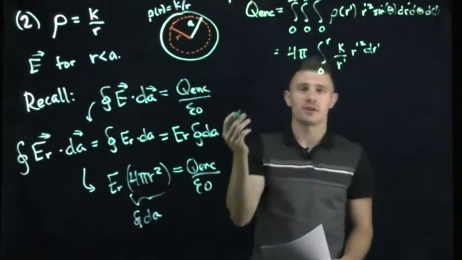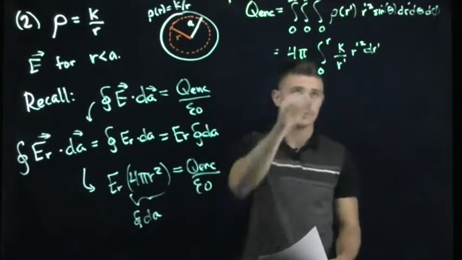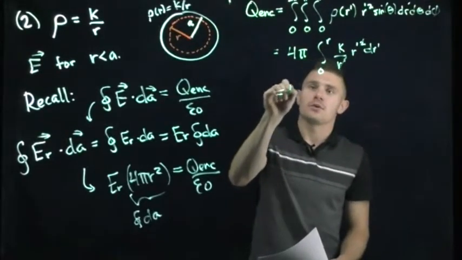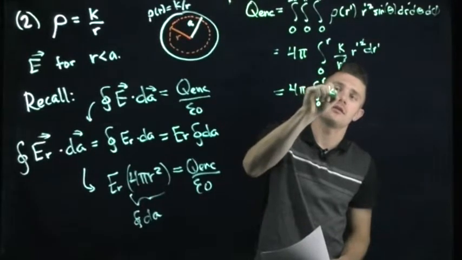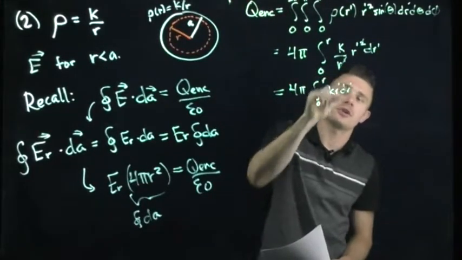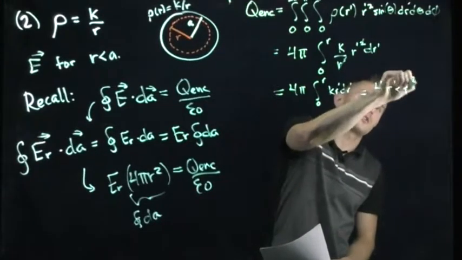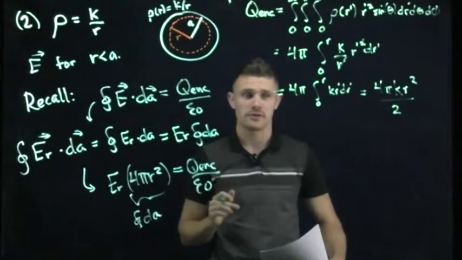We can say that's any variable. The r prime is simply a notation to distinguish this r from that r. So we see that one of those r's cancels, and we're left with 4 pi, the integral from 0 to r of k r prime dr prime, which is simply equal to 4 pi k r squared over 2, where again this r is the radius of our Gaussian surface.